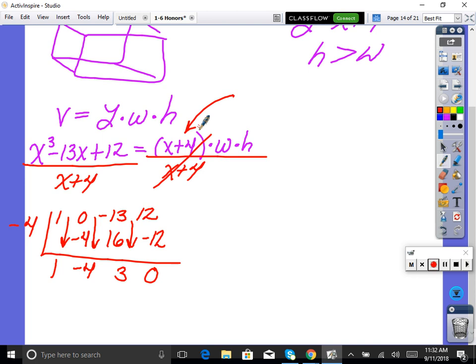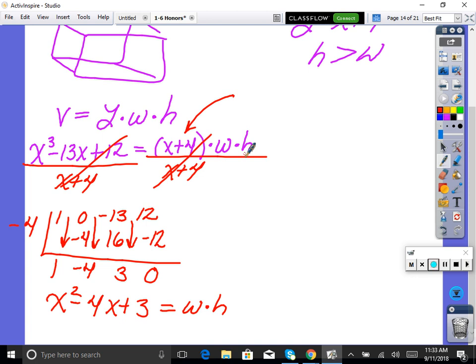So that is a factor, therefore it should have a remainder of 0. And it did. So now didn't we just get that this simplified to be x squared minus 4x plus 3, and that's equal to the width times the height.